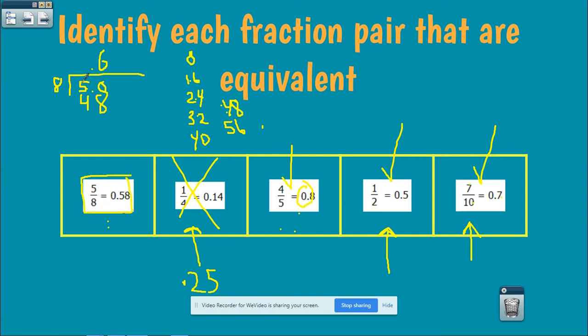Do I even need to go any farther? Because is it matching yet? 0.6, 0.5? No. So I already know that that is the wrong answer. Look at that. Test taking strategies. But for those of you that really did maybe do all the long division, just for you to know, the answer was 0.625.